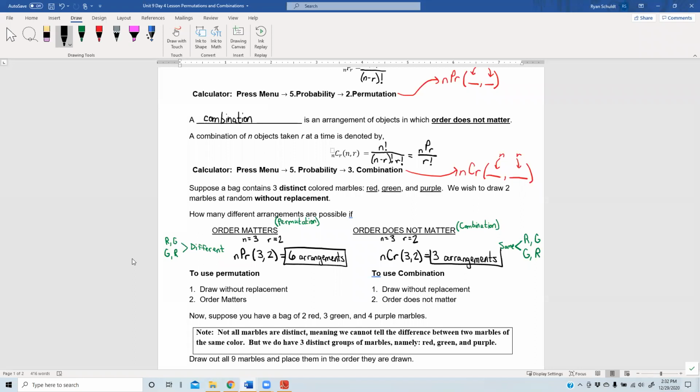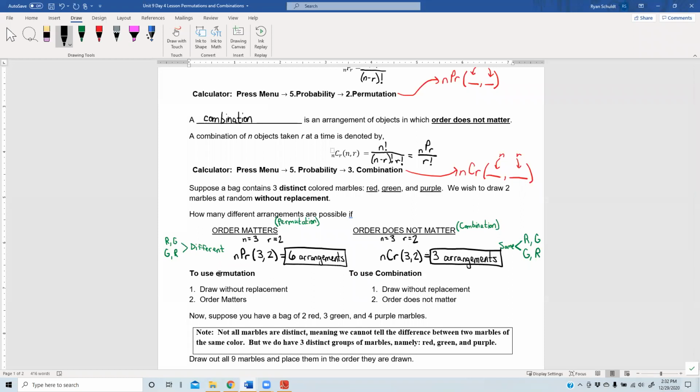So if order matters, there's more than if order does not matter. So to recap, to use permutation, you will draw without replacement, and order has to matter.